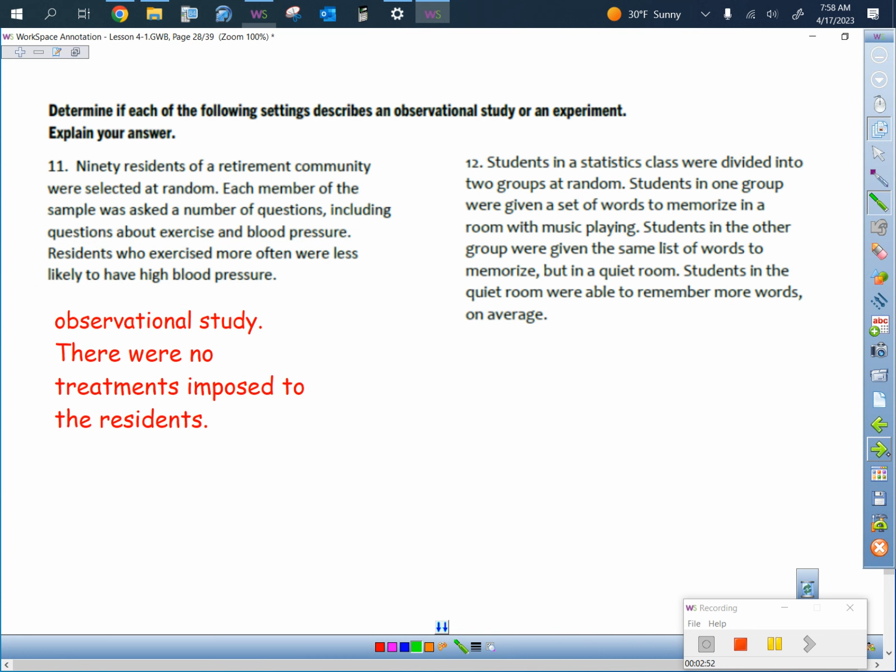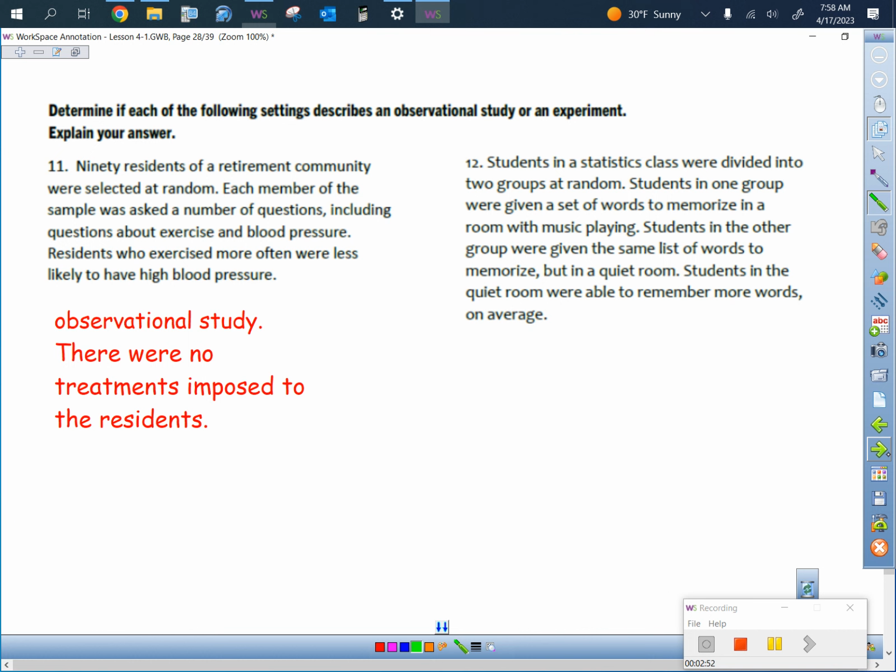And then you can abbreviate that if you want to, like OBS study. The reason why is there were no treatments. You can just literally write that. No treatments. That's how you know. The treatments are like, okay, we're setting up an experiment. No treatments whatsoever.